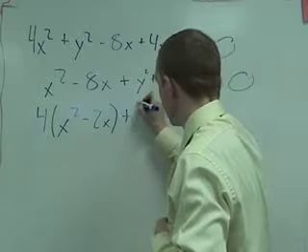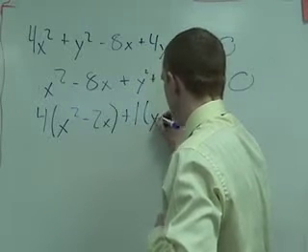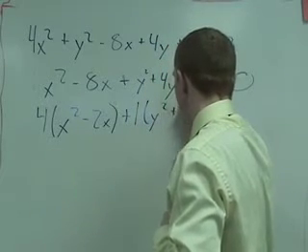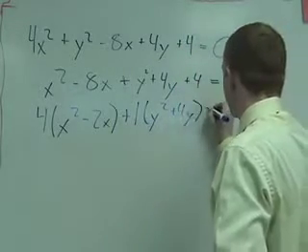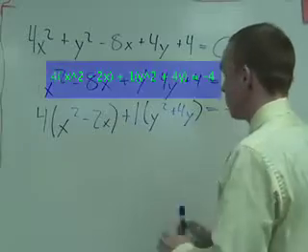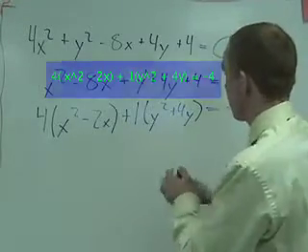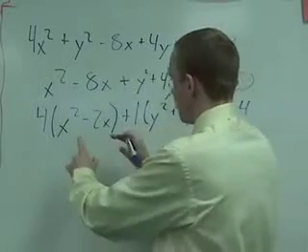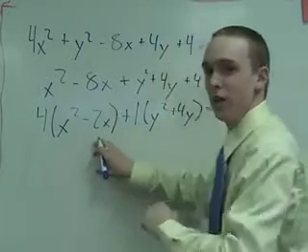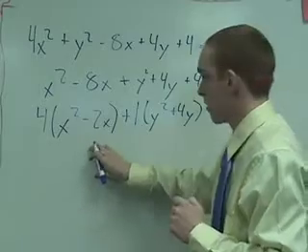Plus 1y squared plus 4y. And I'm going to subtract that 4 off this side, and we're going to get negative 4. See that? Okay. Next thing we're going to want to do is turn this into something that we can factor, that we can take the square of.